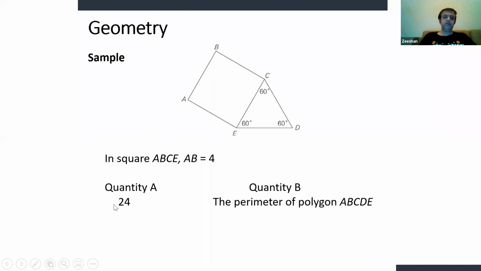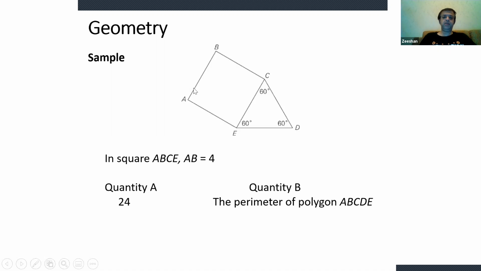Quantity A is 24 and quantity B is the perimeter of the polygon ABCDE. The perimeter of this whole polygon is quantity B and quantity A is 24. So we need to find the perimeter of the polygon ABCDE.